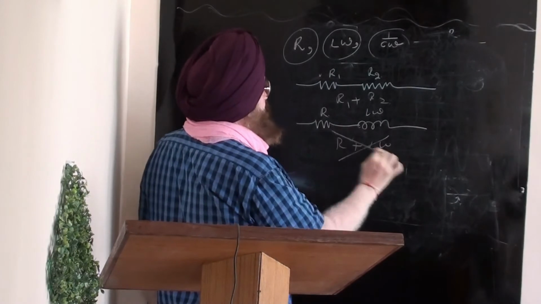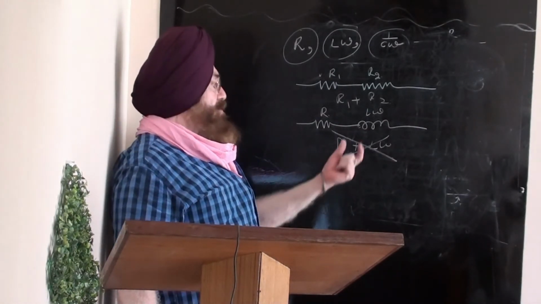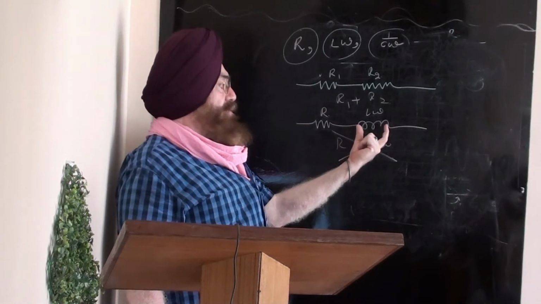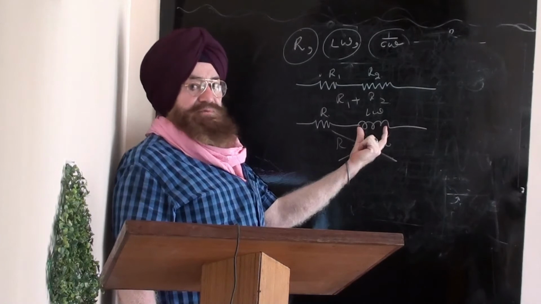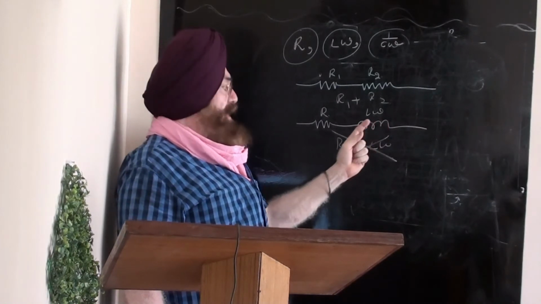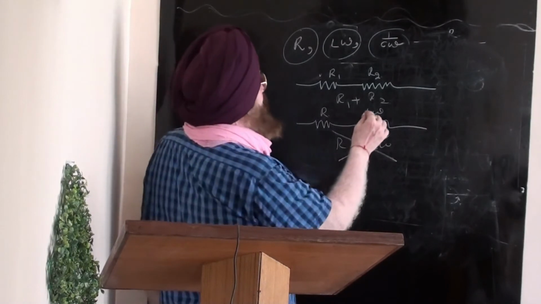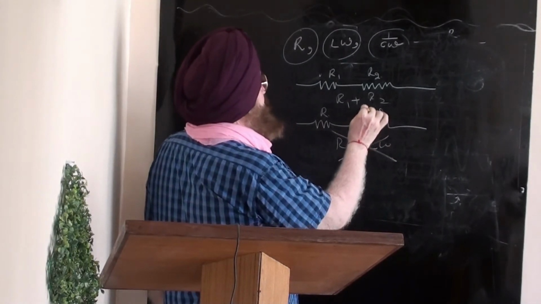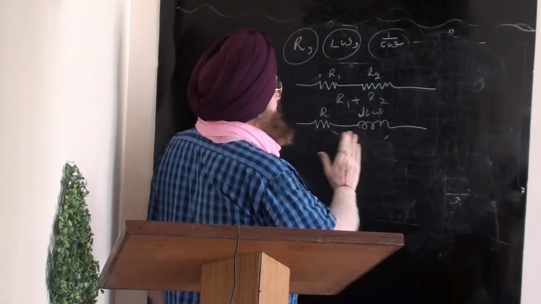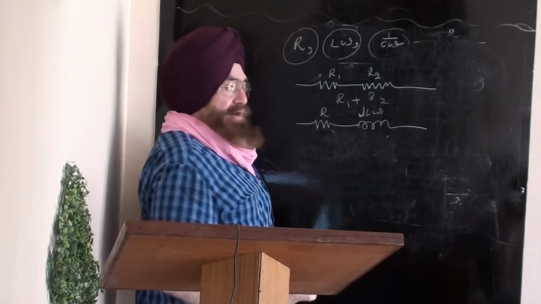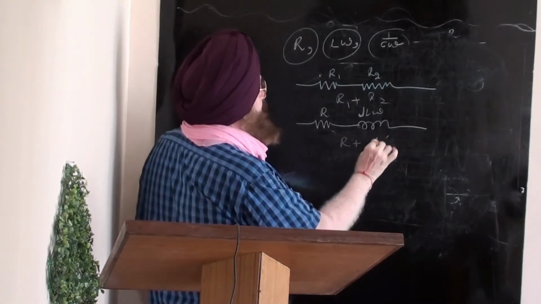But this is wrong. Why is this wrong? Because here it is concerned with the phase also. As it is concerned with the phase, we put a J operator here because of the phase difference. Now I can say the total reactance is R plus JL omega.